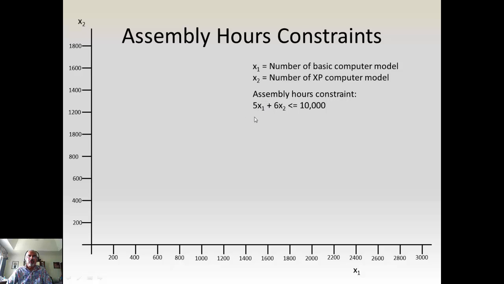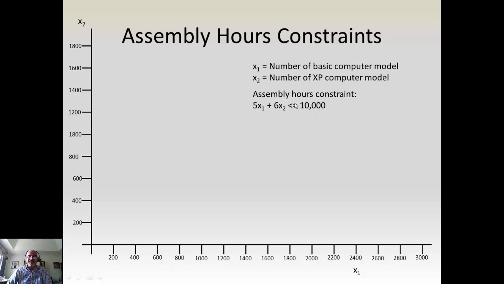So that's the total assembly hours needed for the base model, and 6 hours needed for each XP model. So 6 times x sub 2 is the amount of assembly labor needed for the XP model. So these two, when added, give you the total assembly hours that we will be using, and that has to be less than or equal to what is available, 10,000.